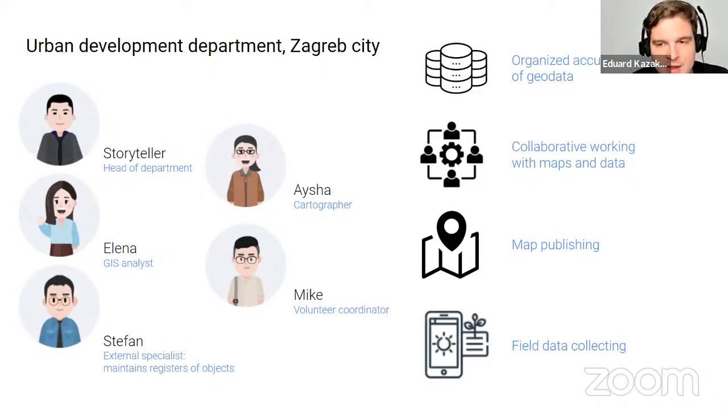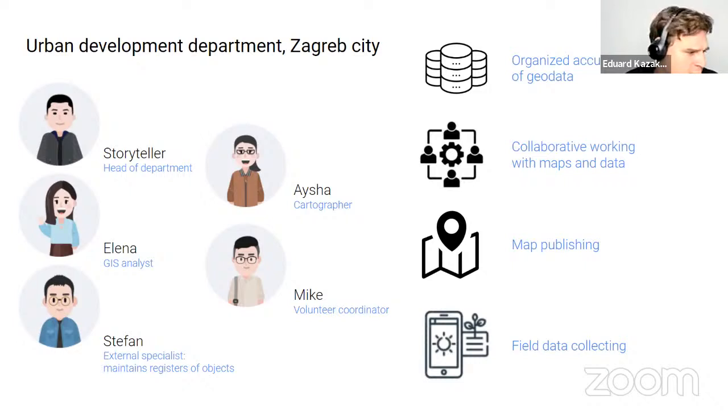friendly department. And what we want to do is to organize our work in department, to provide organized accumulation of geospatial data, to provide collaborative working with maps and geospatial data, to publish maps internally and externally for citizens of our city, and to enable some processes connected with field data collecting, as to be able to integrate field data to our global geospatial data infrastructure.